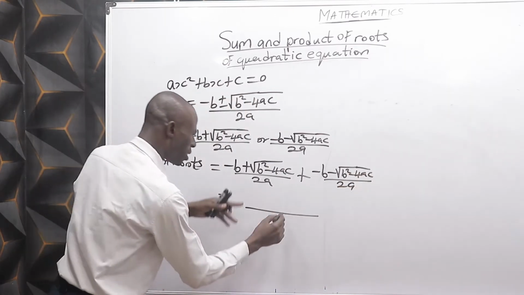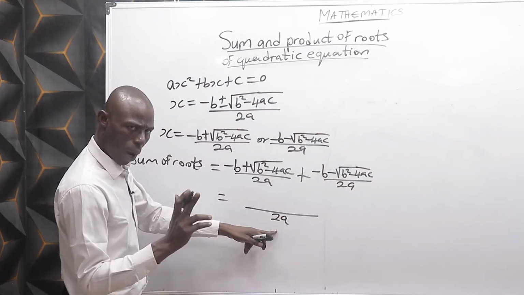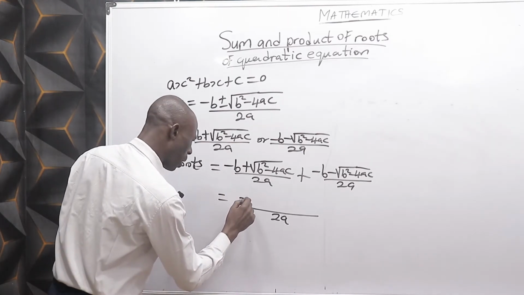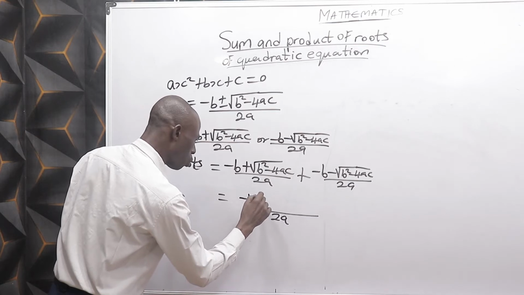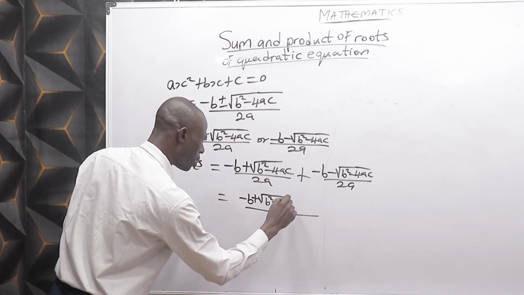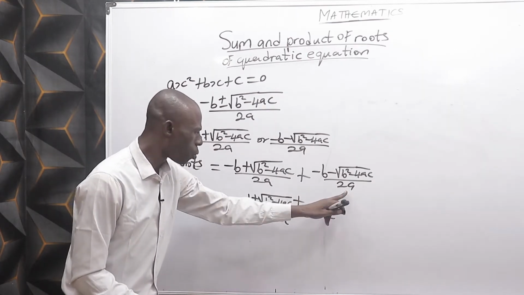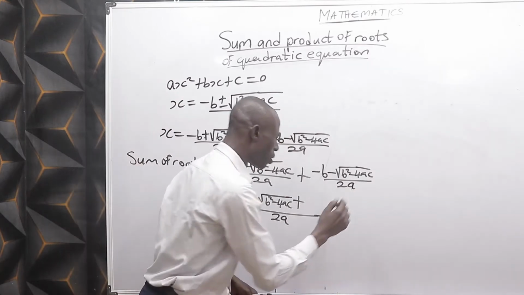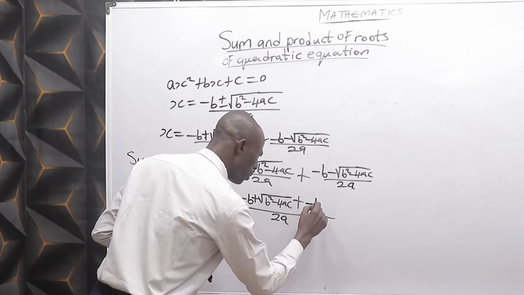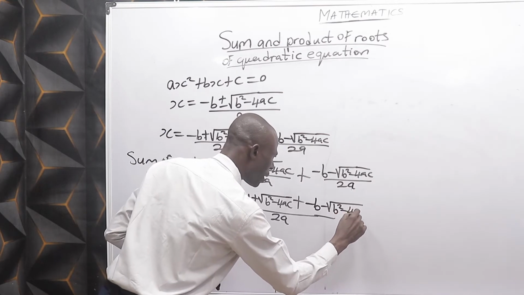Find their LCM. Their LCM is 2a. 2a in 2a, 1. 1 times everything at the numerator. You write minus b plus root b squared minus 4ac, plus the other. 2a in 2a, 1 as well. 1 times everything at the numerator there. You write minus b minus root b squared minus 4ac.